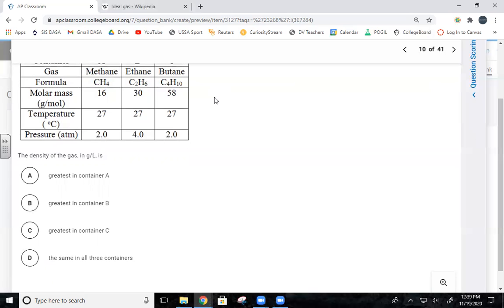Which, what is that, 27 in kelvins? It's like 286, right? I don't know. Really doesn't matter because it's the same. But we know that the volume is the same between the two containers as well. So we can just get rid of the volume.